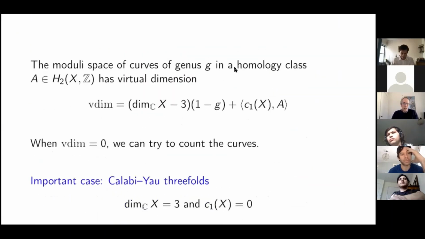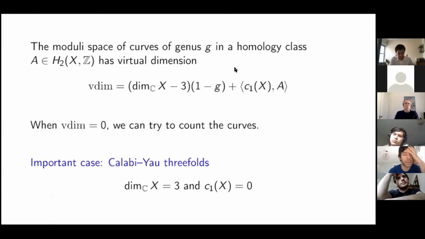To give a little bit more detail, in general, given a non-negative integer G and a homology class A, you consider the moduli space of curves of genus G representing this homology class. This moduli space has an expected or virtual dimension given by this formula. If this formula gives 0, then it is reasonable to consider the problem of simply counting these curves, because you expect that these curves don't come in families.